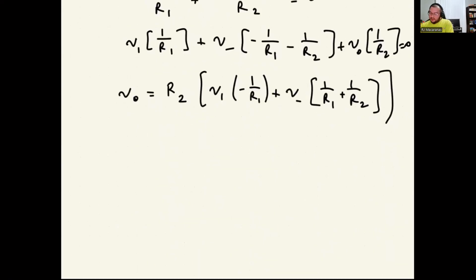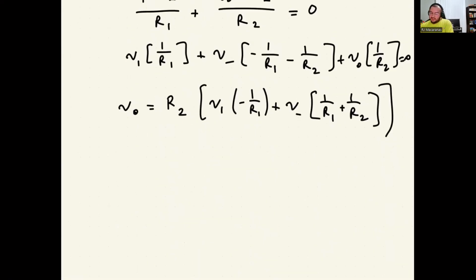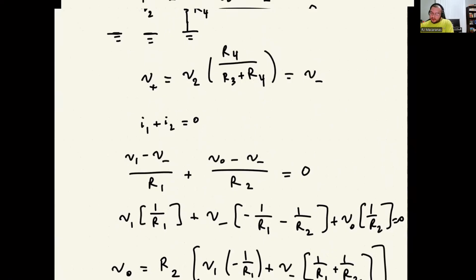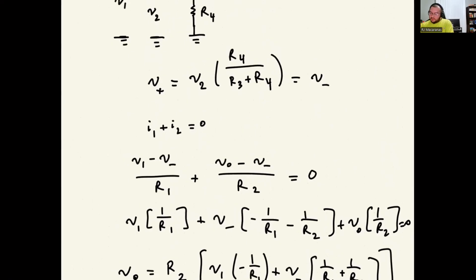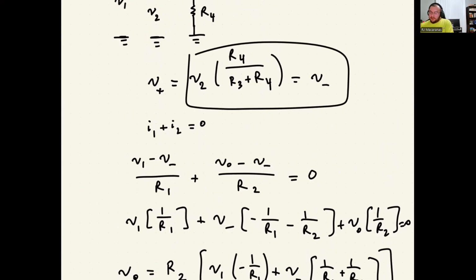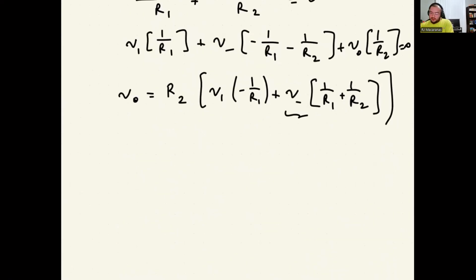And then obviously, V minus, I've figured out what that is in terms of the input voltage up here. So you could expand that out if you wanted to, and maybe we'll do that just for the sake of doing so.